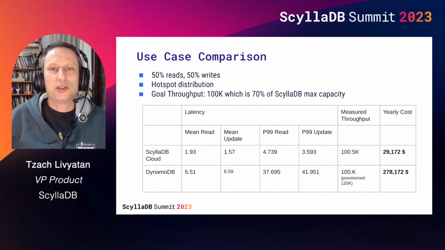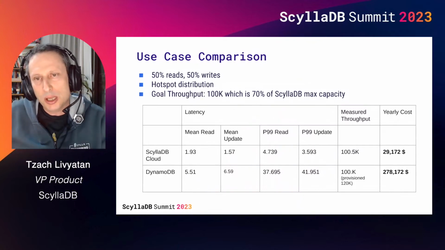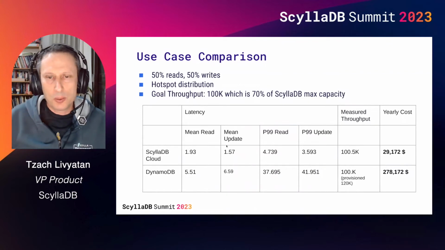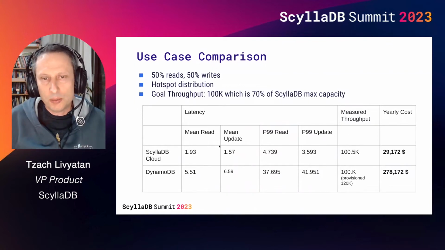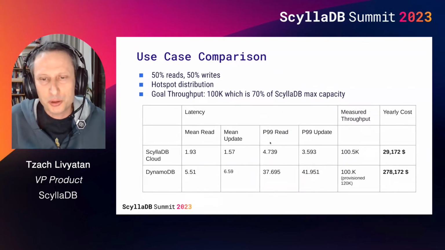So in this case, I try to compare the same throughput for Scylla and DynamoDB for one use case, a use case of a hotspot distribution with 50% read, 50% write. So the latency as before is better with Scylla. Here I actually do show mean latency, which I promised not to show.